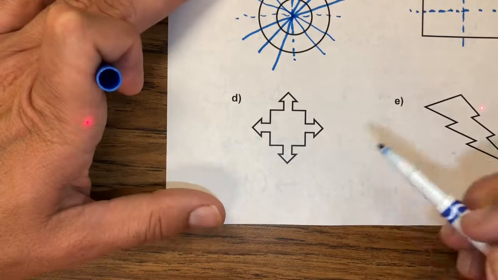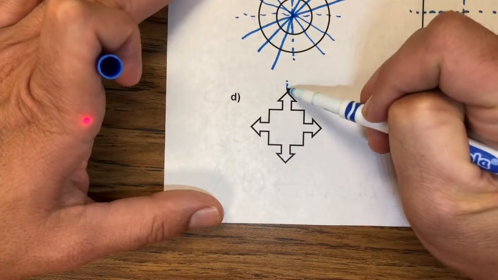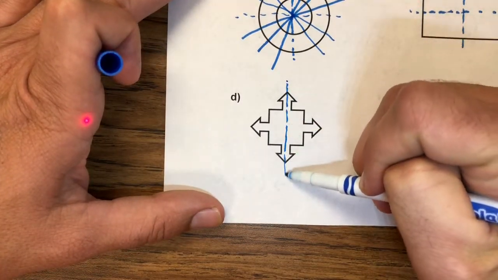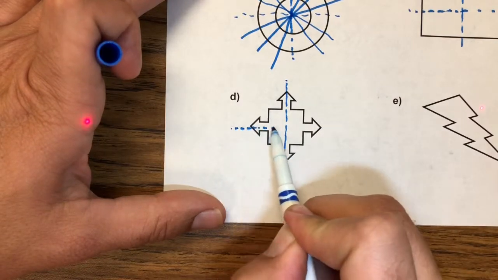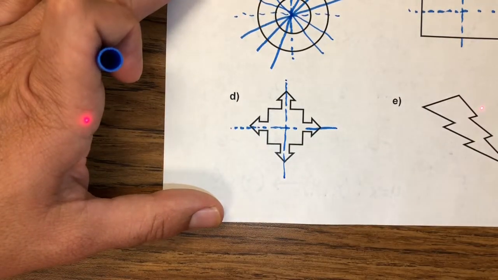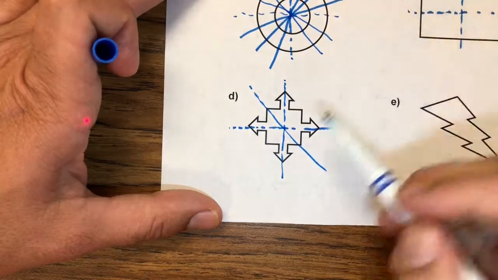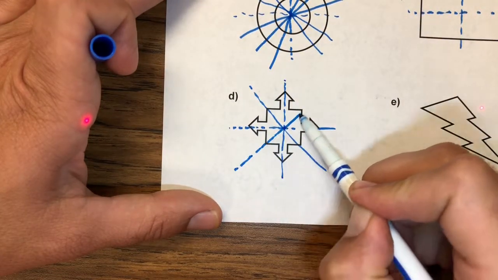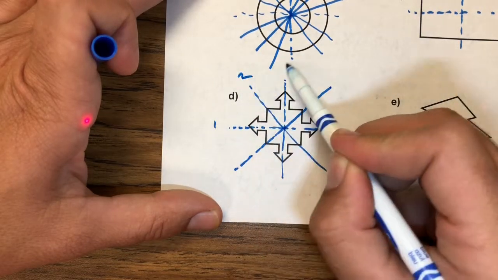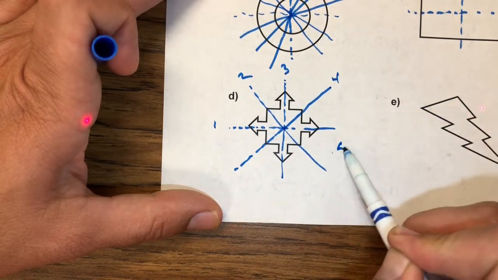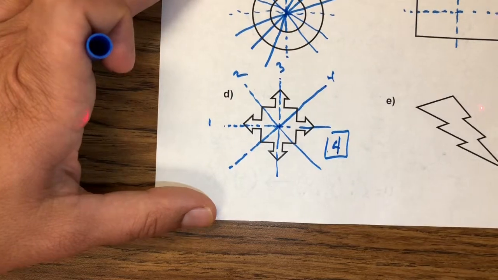All right, for most of the years that I have people on this, they always get 1, 2. But on this one, you actually do have another line of symmetry here and here. So that's 1, 2, 3, 4 lines of symmetry.